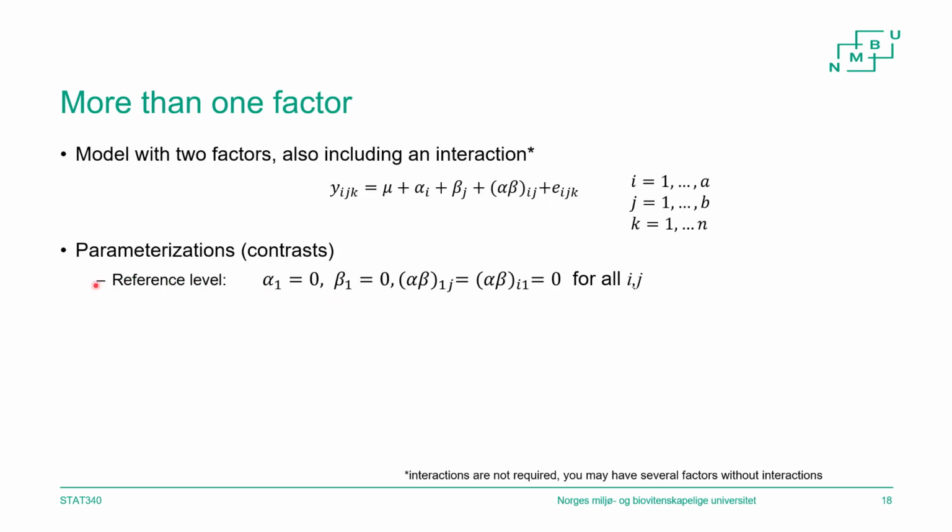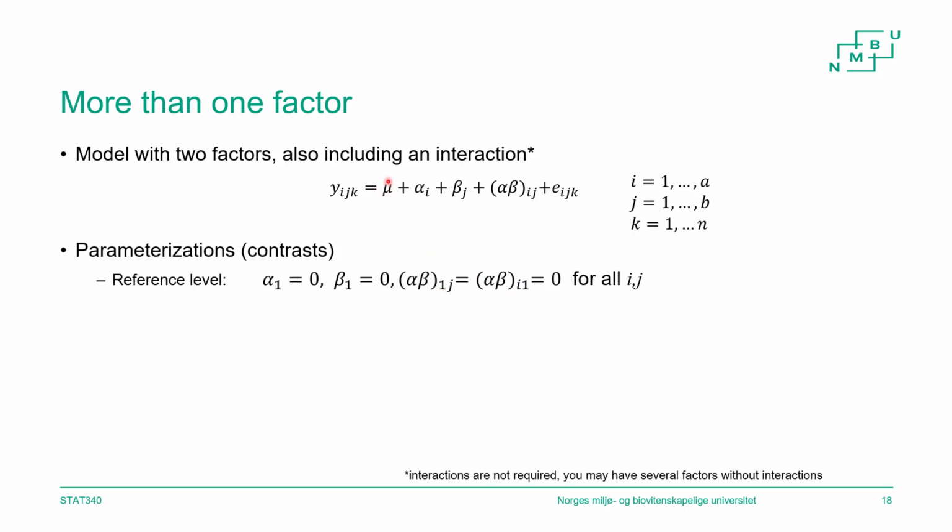But again, if you use the reference level parameterization, the first level of alpha is considered to be the reference level, and this first level of beta. And notice here that for all values of j or all values of i, this equals 0 as well. So there are actually multiple reference levels for the interaction term.